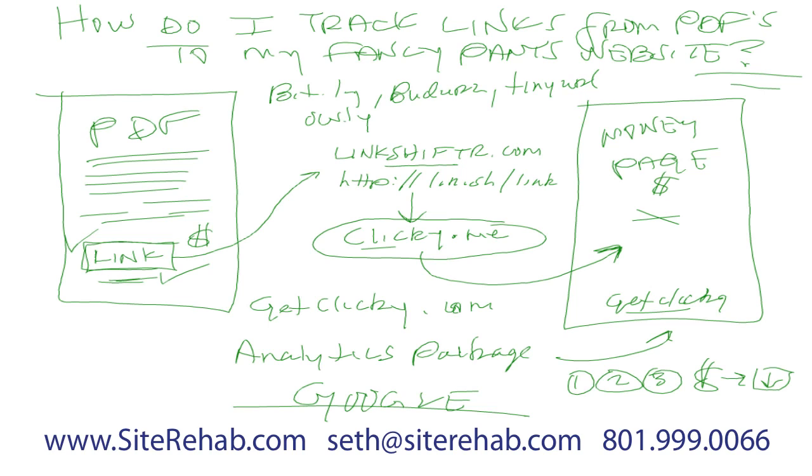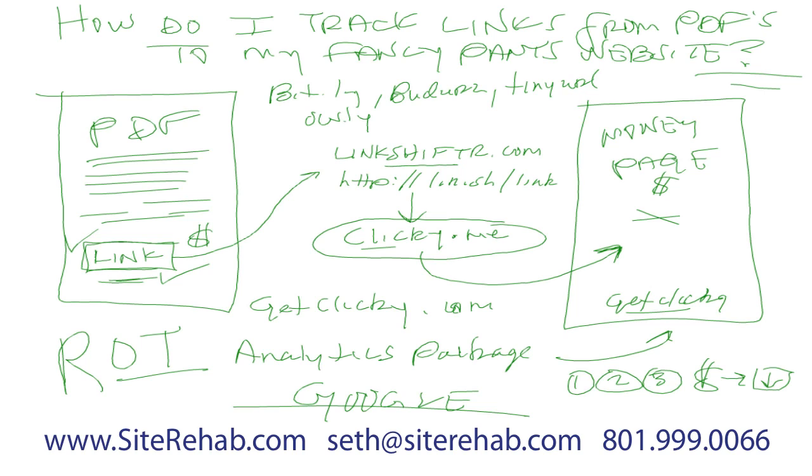And why is this important? I'm always looking to get an ROI for my efforts, and especially for my clients as well. And it's really easy to see what efforts you're making in your PDF that get you an ROI. So every time you run out a new PDF or you make some major changes, you can dump out a new Link Shifter link and track that all the way through your website and compare that to data from your previous PDFs and see your incremental improvement.